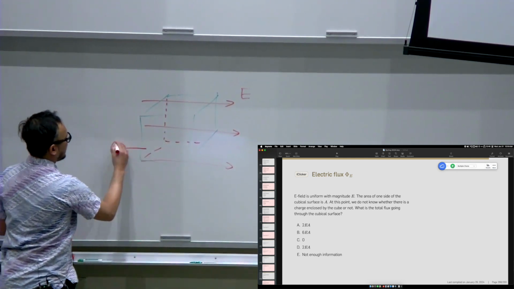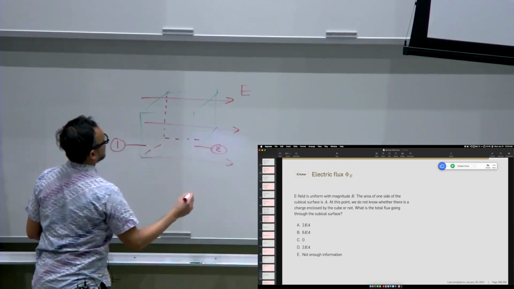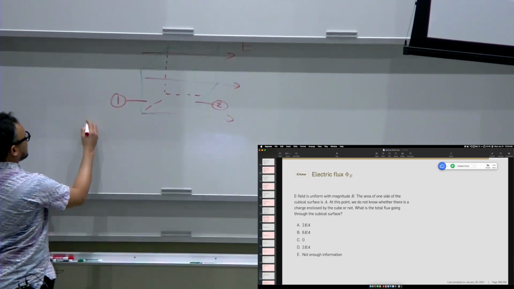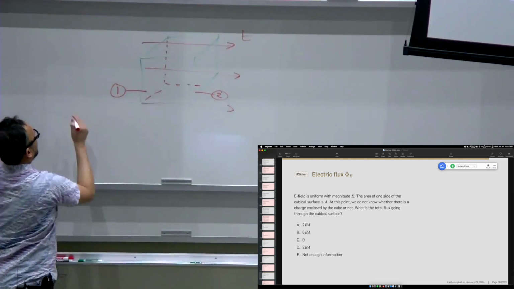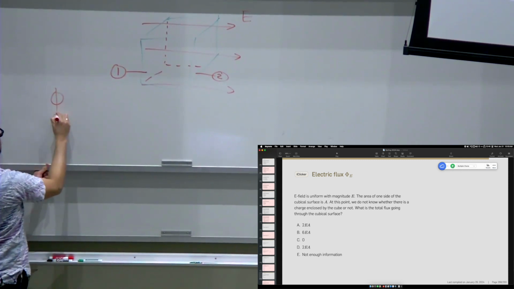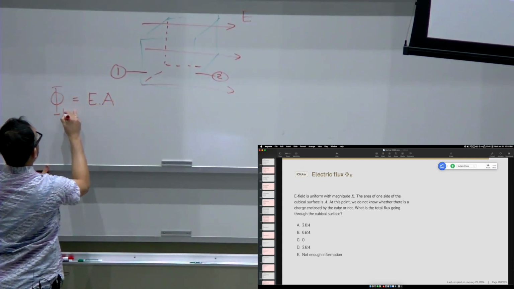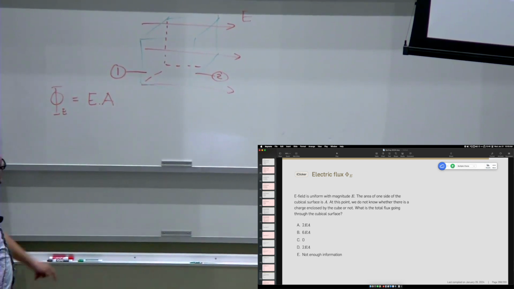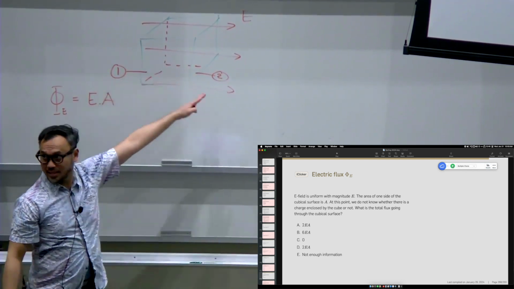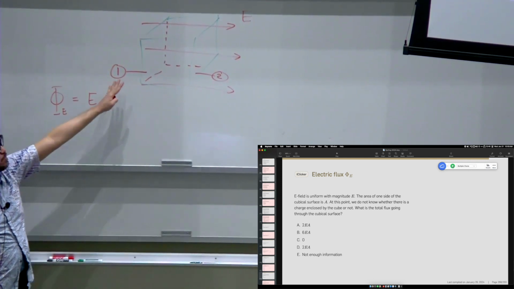Let me write area 1 and area 2. The formula for the electric flux is E times A. And E is constant. E is uniform. It doesn't depend on location.